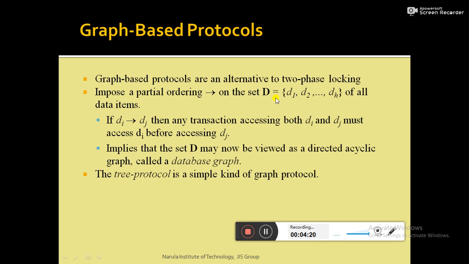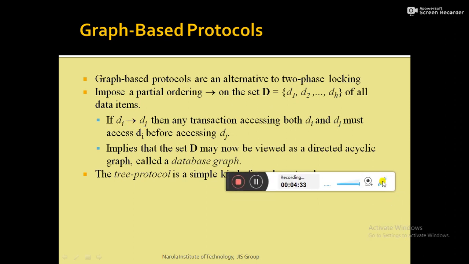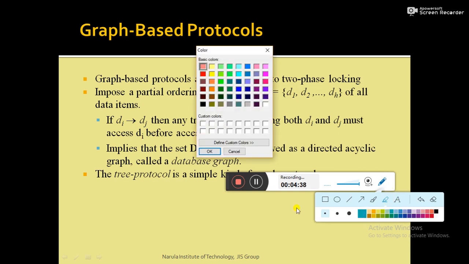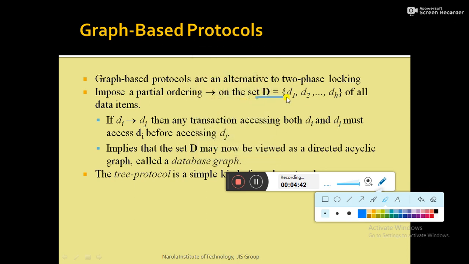Not only the set, apart from that, the partial ordering has to be maintained by the database. So first, we need to maintain the data set which is going to be accessed by a particular transaction, and then we need to maintain the partial ordering of these data items.